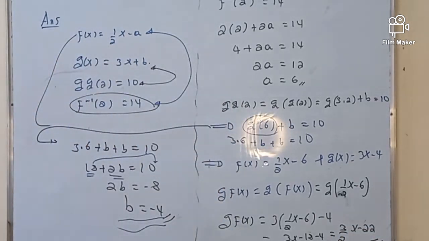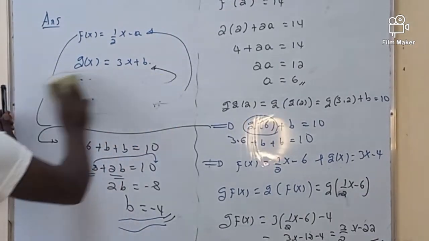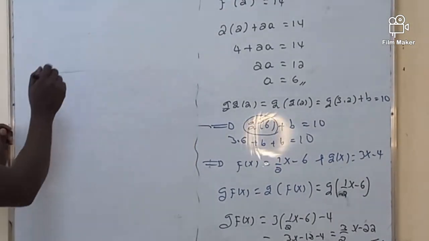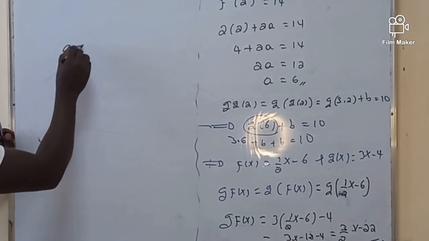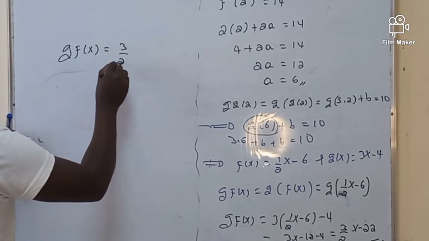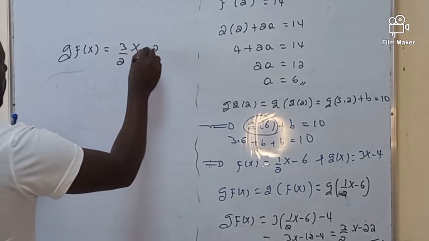Hence, g of f of x is given by 3 over 2x minus 22.